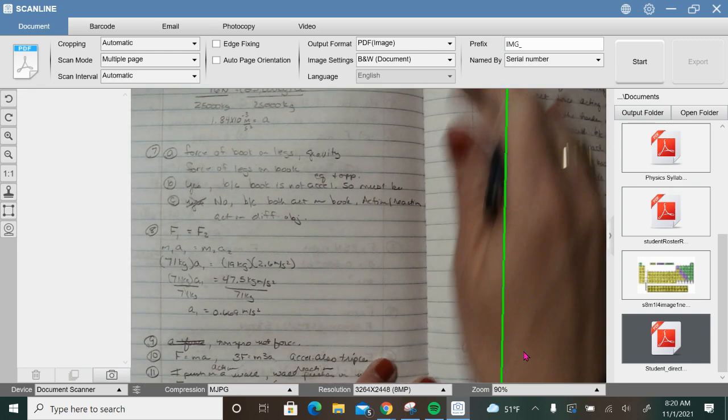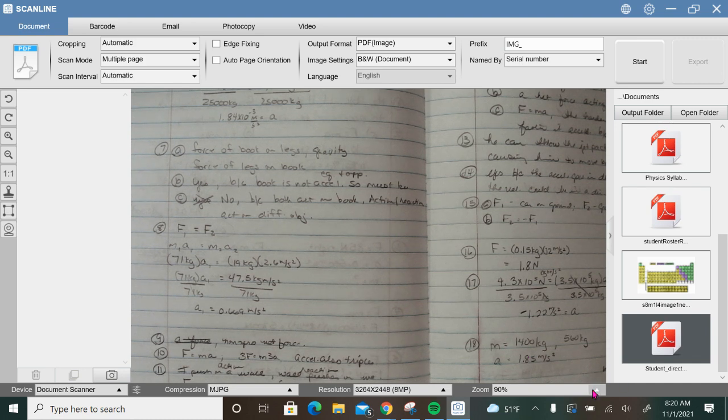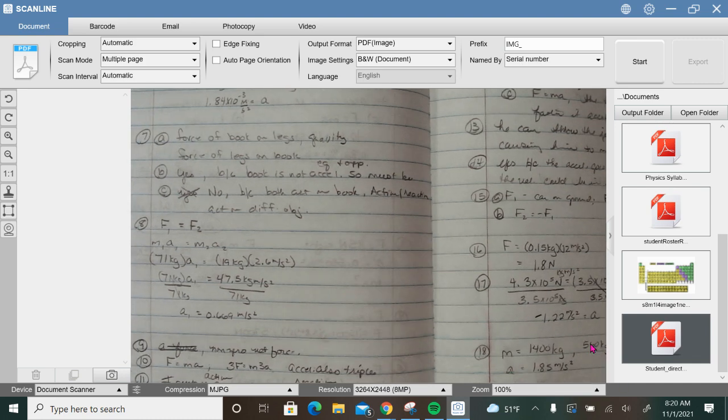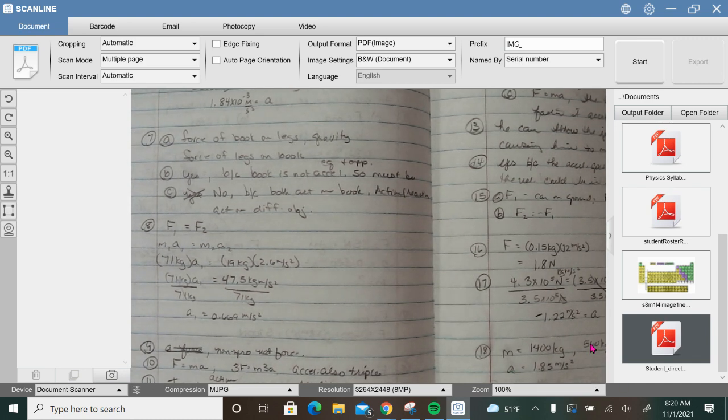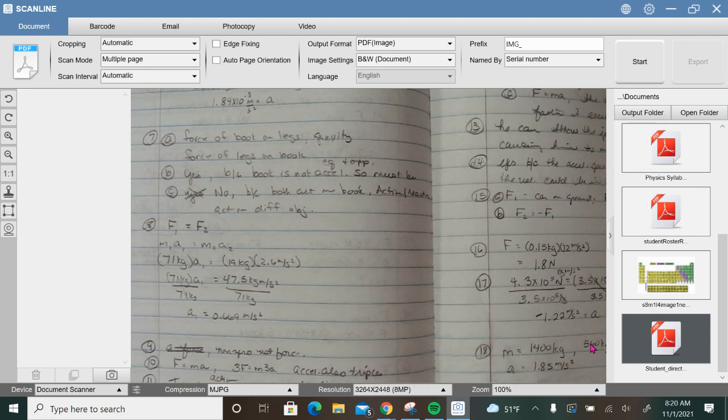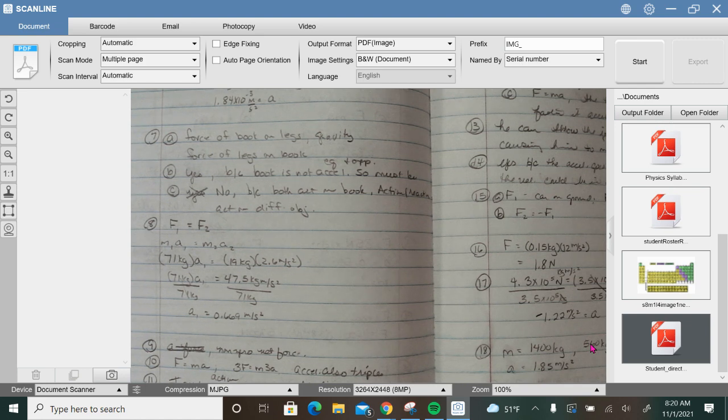All right, so number 8, I think the main thing is going to be to look at the fact that force 1 and force 2 are equal to each other. A 70-kilogram parent and a 19-kilogram child meet at the center of an ice rink. They place their hands together and push. The acceleration of the child has a magnitude of 2.6 meters per second squared.